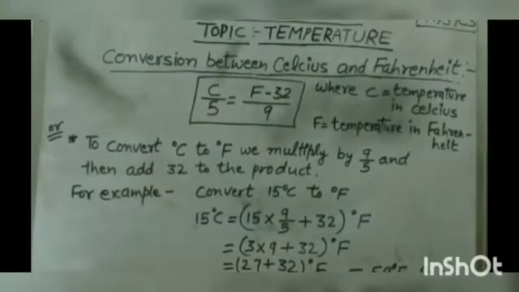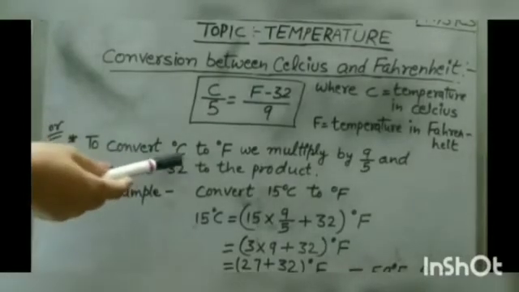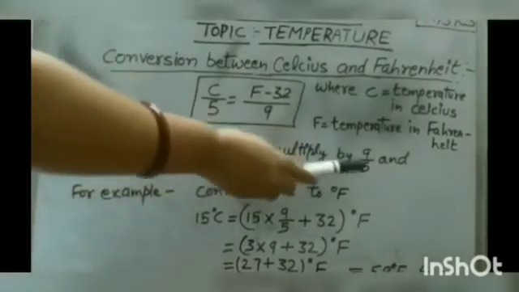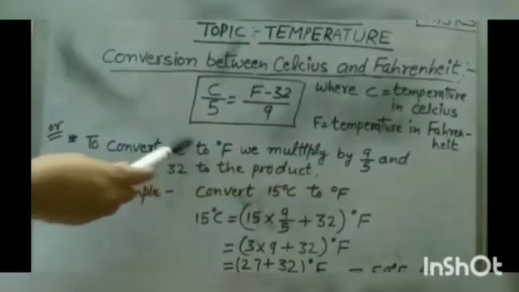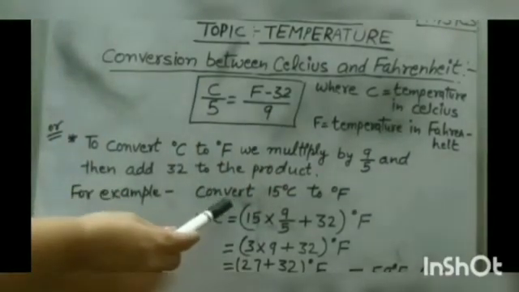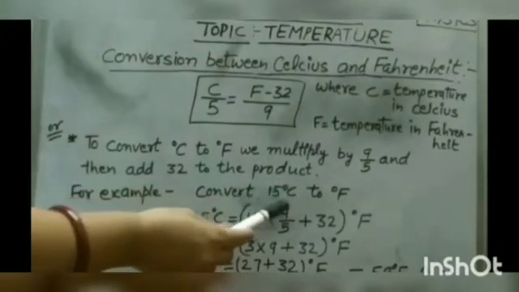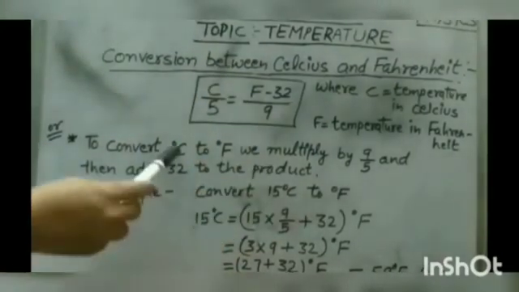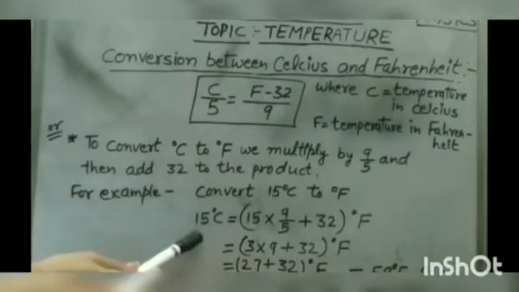Or you may learn that to convert degree Celsius to degree Fahrenheit, we multiply by 9 by 5 and then add 32 to the product. For example, if we have to convert 15 degrees Celsius to degree Fahrenheit, what will we do? 15 degrees Celsius is the value.